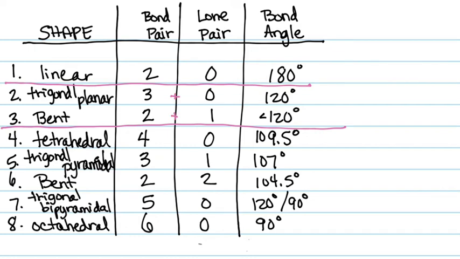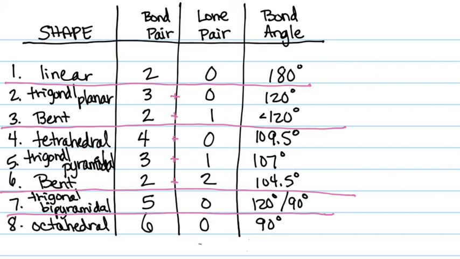And then in the next section, those add up to 4: 4 plus 0, 3 plus 1, 2 plus 2. And then you can see a total of 5, a total of 6. Those with a total of 5, there are other shapes there that would be 4 and 1, 3 and 2, 2 and 3. Under 6, there are some other shapes there. Again, these are going to be the main ones that we're going to look at and work with.